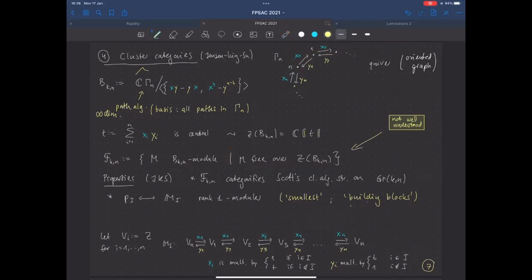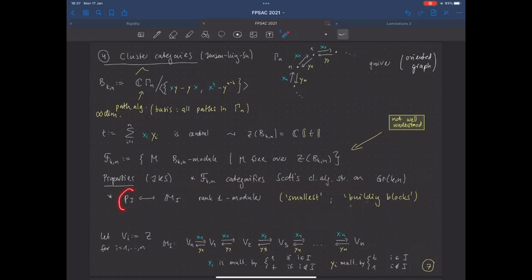Okay, well, this category, again, in general is not well understood. It's a bit like the cluster algebra for the Grassmannian in general is not well understood, but it does have nice properties. So it is a counterpart for the cluster algebra structure defined by Scott.